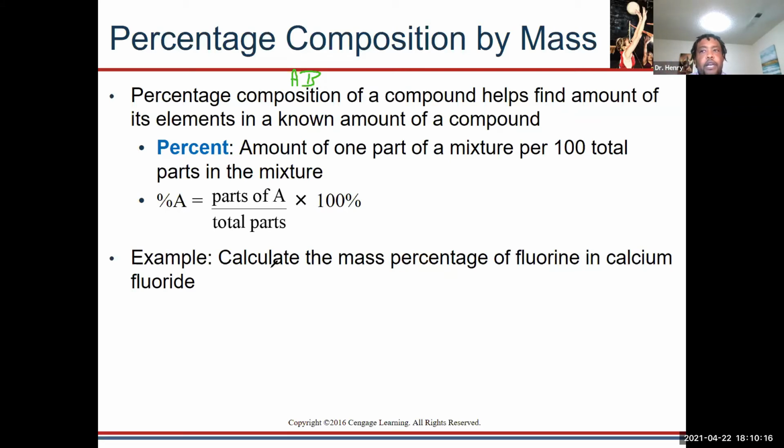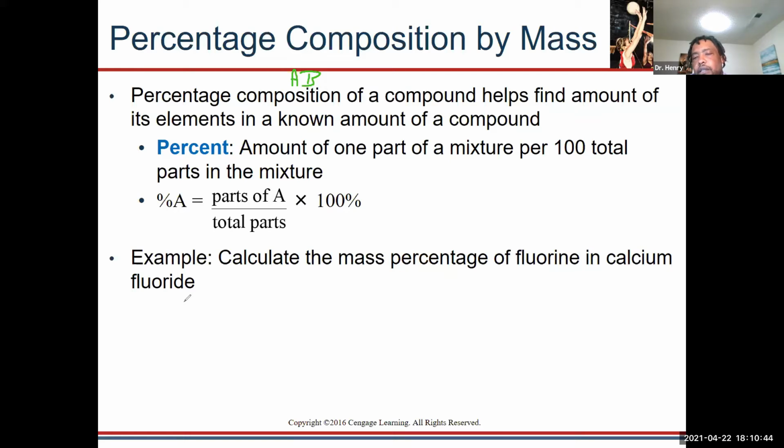For example, here we can calculate the percent mass of fluorine in calcium fluoride. We know the molar mass of calcium and we know the molar mass of fluorine. We need to figure out how much fluorine we have in calcium fluoride. How would we go about doing that?